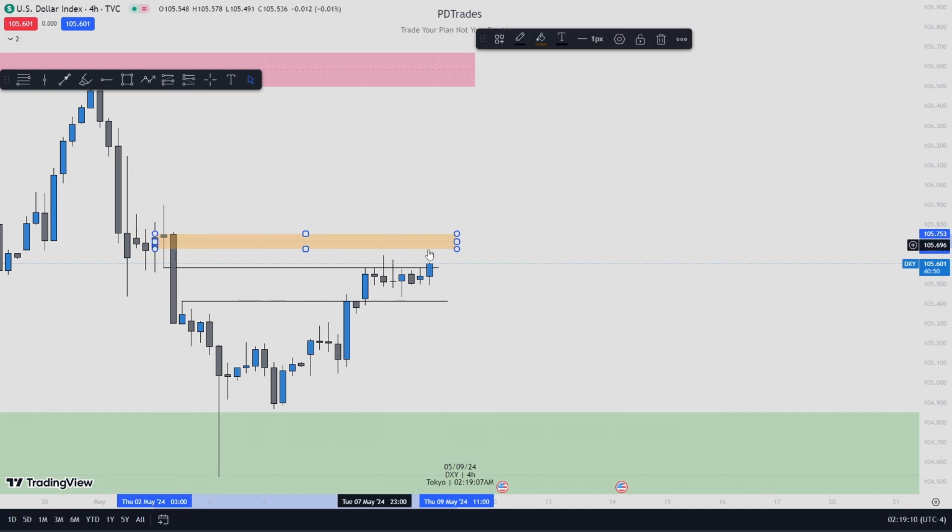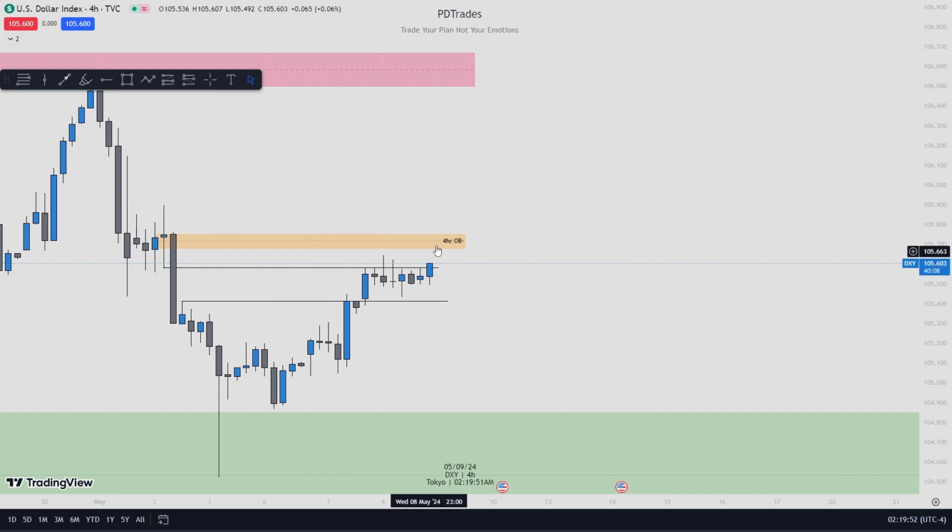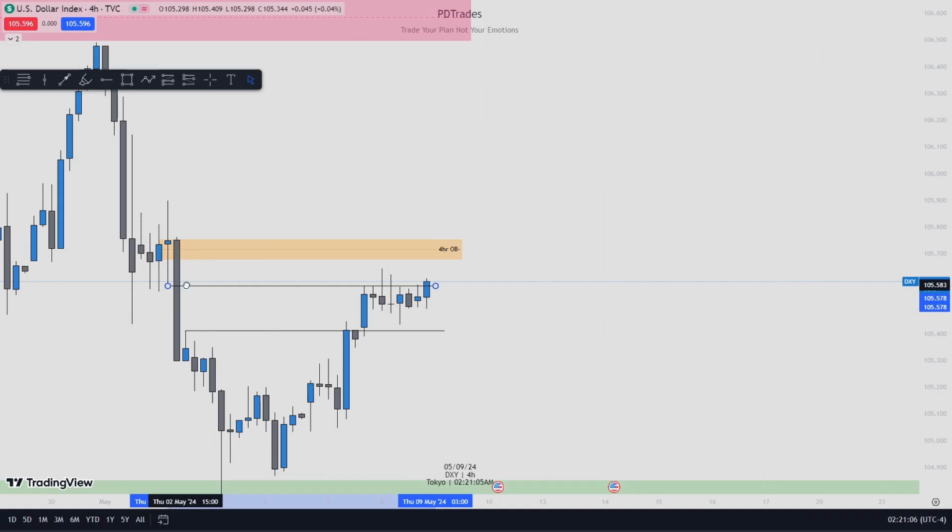Does price want to reach there before 8:30 and use this bearish order block to retrace? I don't know, because currently you see how price played. Look at this. This area here is very important for me. Look at how price is respecting this imbalance.